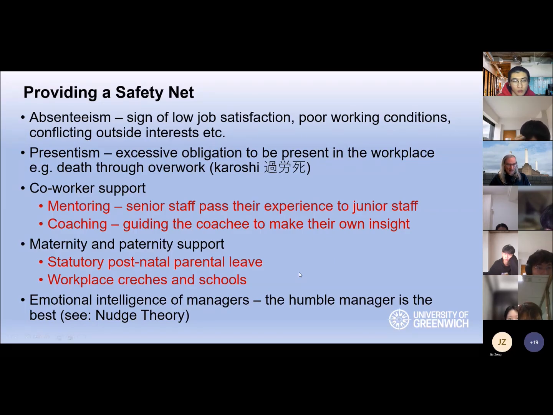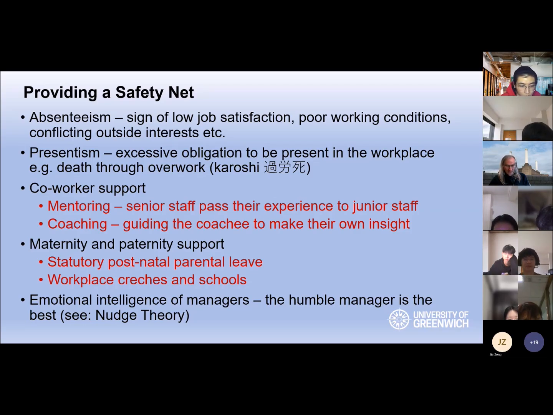We can provide increasingly co-worker support, so mentoring is very important. Coaching, I do quite a lot of coaching actually. In China, of course, you've got the famous Guanxi network. You may not recognize my pronunciation, but it's something that you're known for.